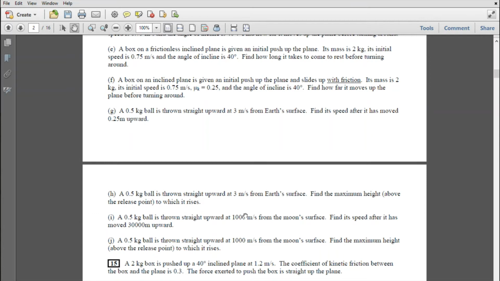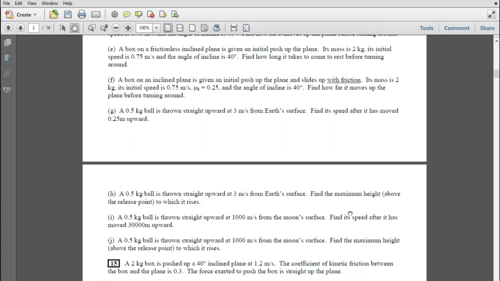And in this case, if it's going to go way up high, like 3,000 meters, 30,000 meters above the surface of the moon, we better not use kinematics because the force isn't constant through that whole distance, and therefore the acceleration isn't going to be constant. So we've got to use energy methods here, using that more general potential energy formula that we discussed.